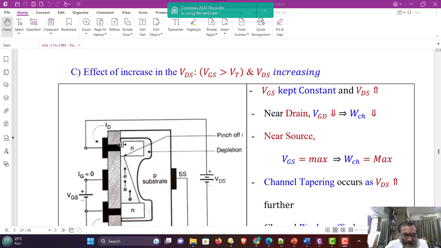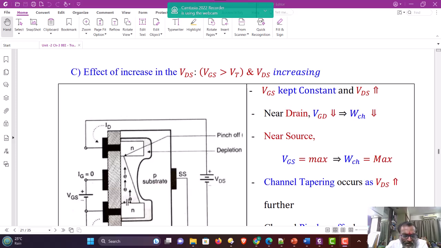Due to the reverse bias present at the drain and P-type substrate, the electron accumulation near the drain area is reduced, whereas electron accumulation near the source area is more. Therefore, at a particular value, this channel will be pinched off, or the channel width becomes zero, when VDS reaches a certain value called the pinch-off voltage.